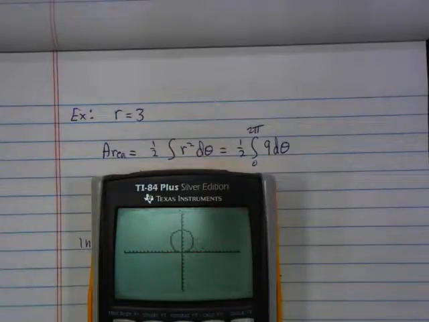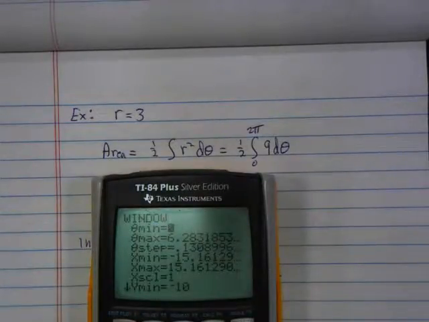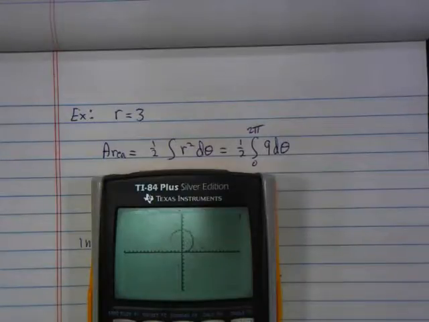We go 0 to pi? Okay, so what I like to do, if I think I should go 0 to pi, I like to set up my window to go 0 to pi and then see what I get. If my window goes 0 to pi, it does look like I get the whole circle, doesn't it?